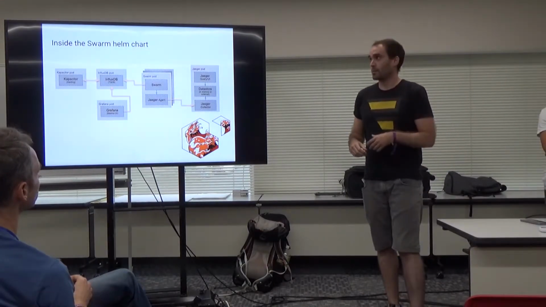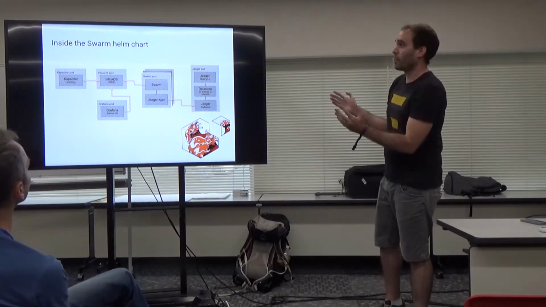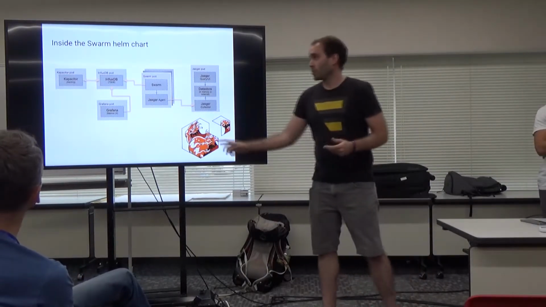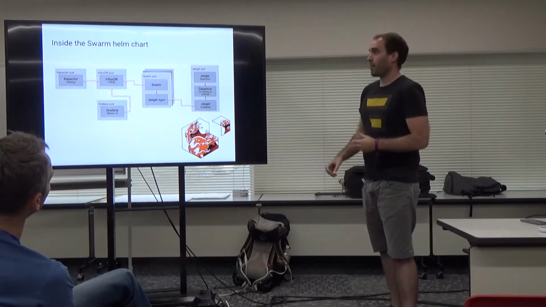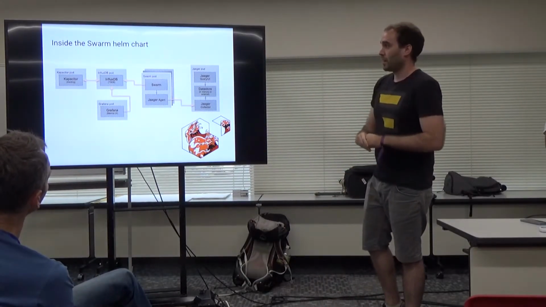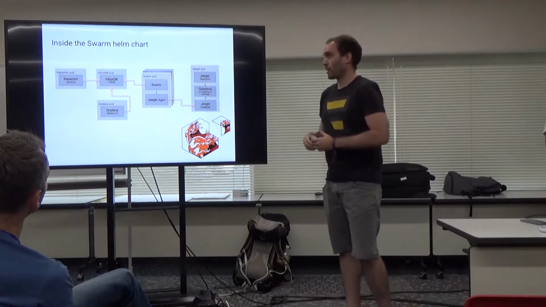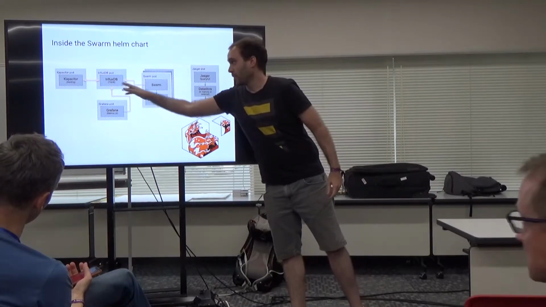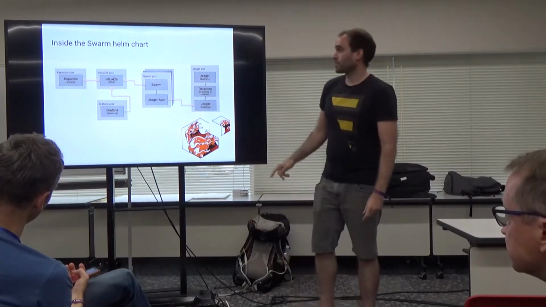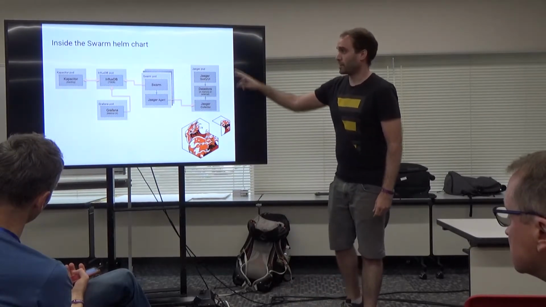Yeah, as I've mentioned, this is what our Swarm Helm chart looks like. So we do actually have Swarm itself as an application there, and then we have all these dependencies that are nice to have everything working from scratch. The metric stack, which is InfluxDB and Grafana to visualize, and Jaeger for the tracing stuff.